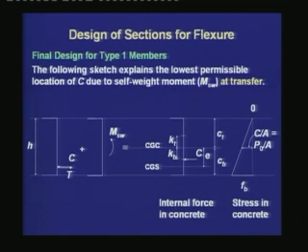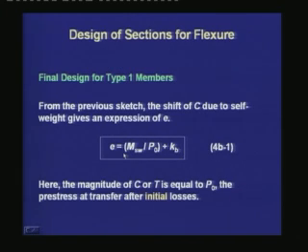Let me repeat this based on the diagram. The distance of the CGS from the CGC, which is denoted as e, is equal to the shift in the location of C, which is equal to MSW divided by P0, plus kb, which is the distance of the bottom kern point from CGC. Thus, we have got an expression of e from the quantities which are known to us.